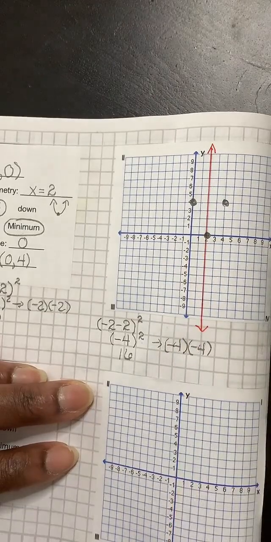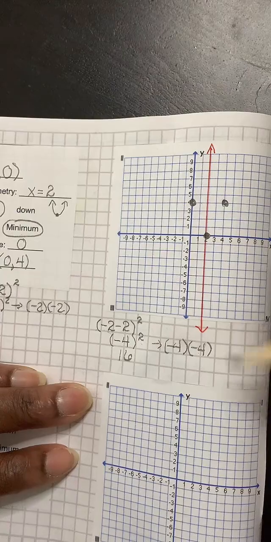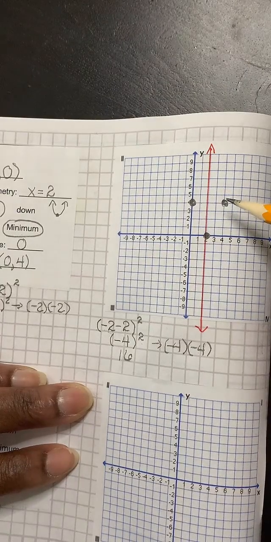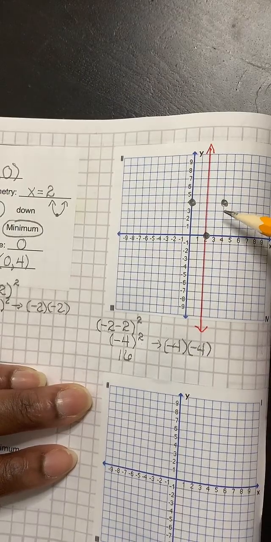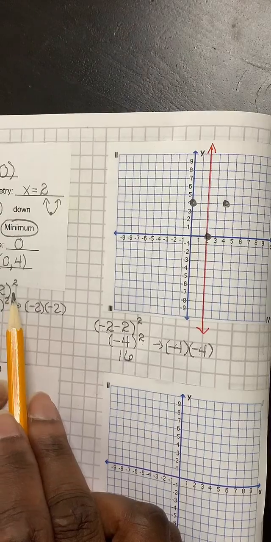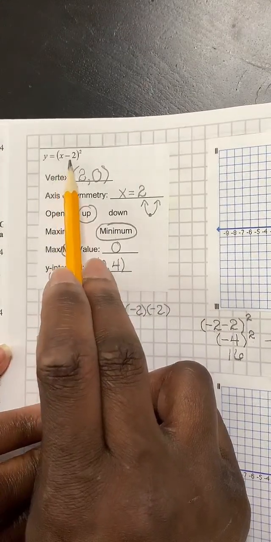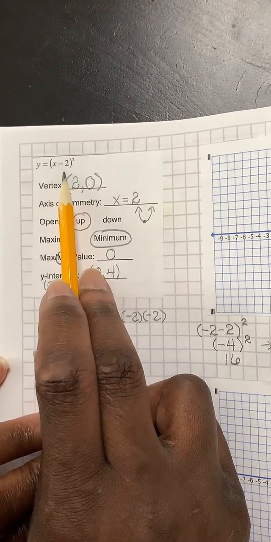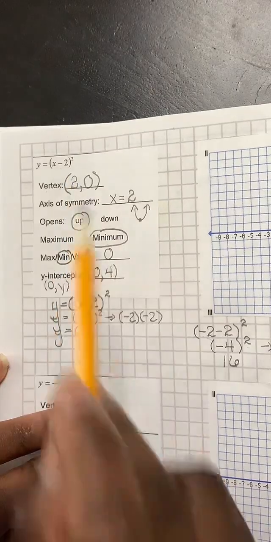That's going to be kind of hard to graph because my graph goes up to 10. So I might want to do something a little smaller like 1, which I can do. If I did 1, it would be 1 minus 2, which will give me a negative 1. Negative 1 squared will give me 1.